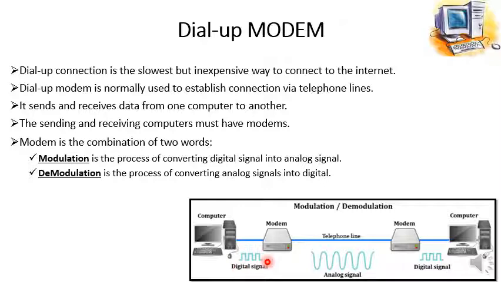So to convert the analog signal carried by the telephone lines into digital signals, we use a modem. And when we want to send digital data from the computer over the telephone lines to another computer, it must first be converted to an analog signal, and then it can be carried by the telephone lines. So for that purpose we use the device modem.